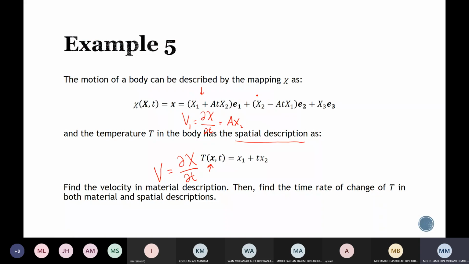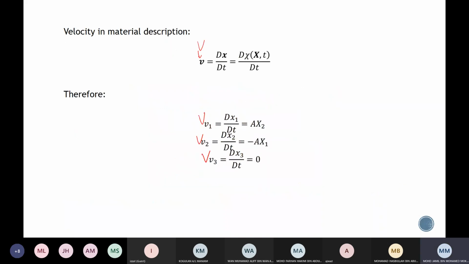And then to find v2, again you differentiate the second vector here with respect to time. So here x2 is a constant. So here kita ada time, so we differentiate this section only, so we get minus a x1. And then lastly v3, tak ada time, so it's just 0. Okay, so you get this.